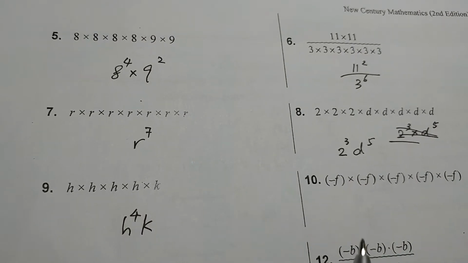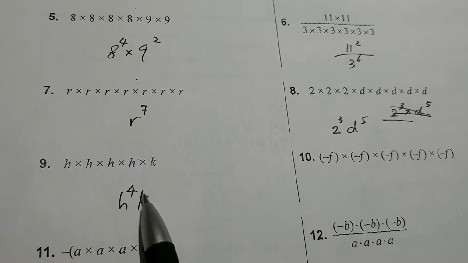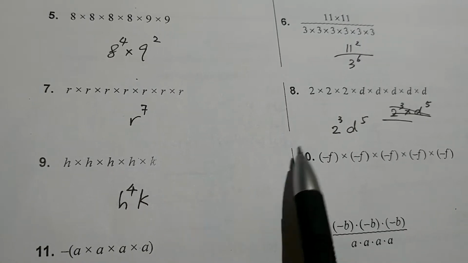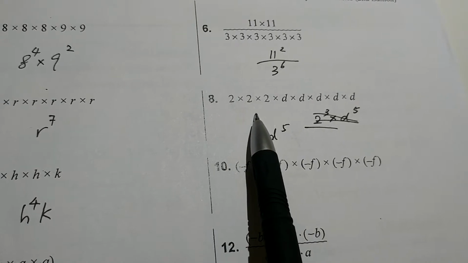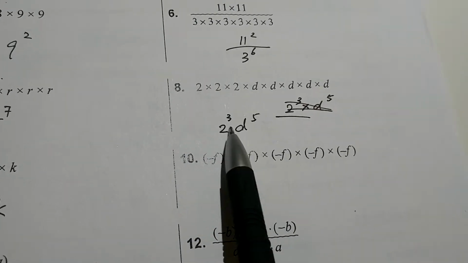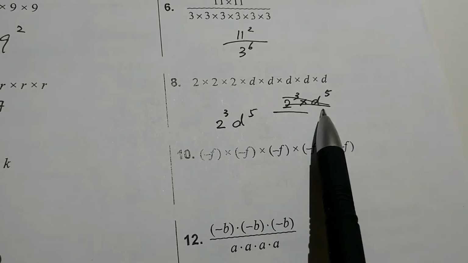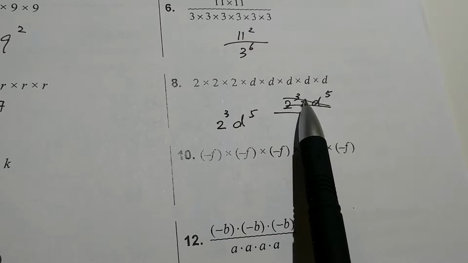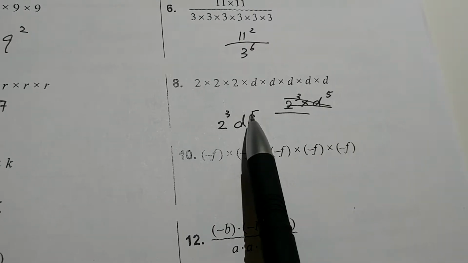Okay, let's check the answers. For number 8, 2 times 2 times 2 is 2 cubed, and d to the power of 5. We can just write down 2 to the power of 3, d to the power of 5.